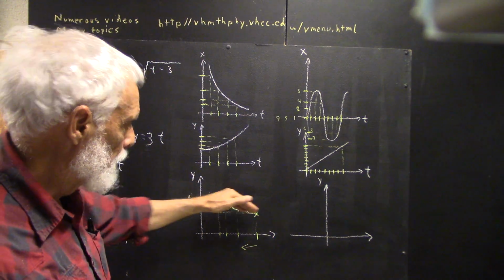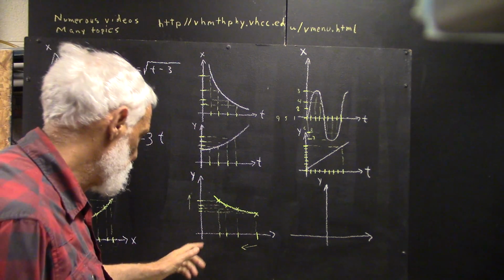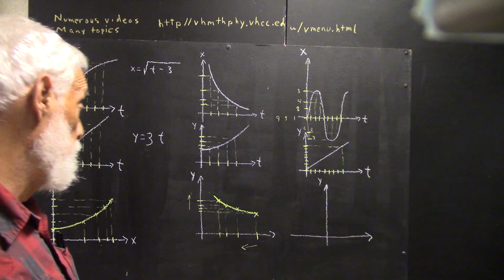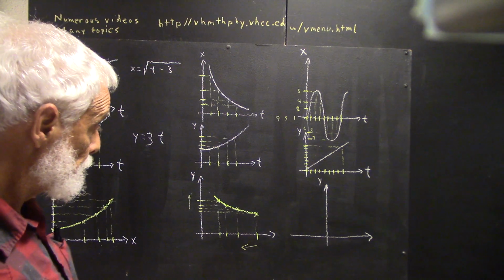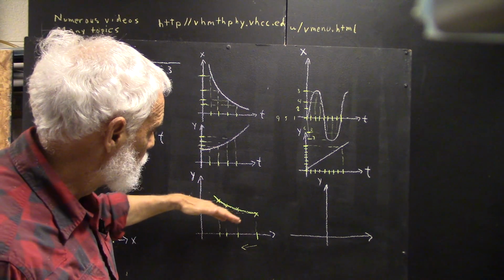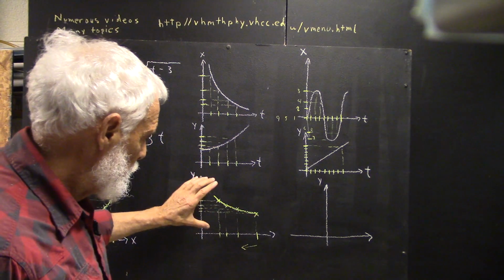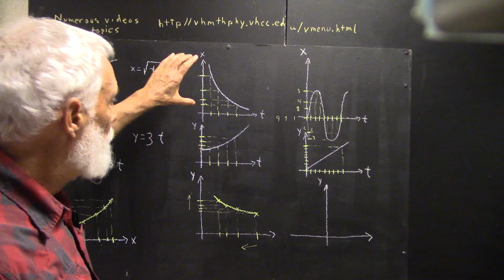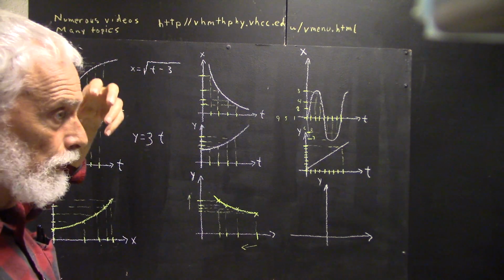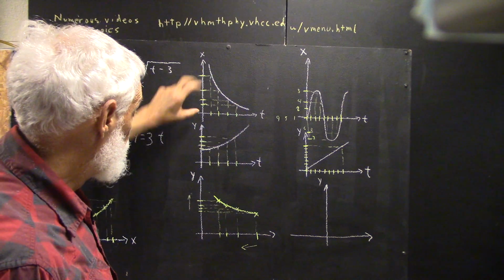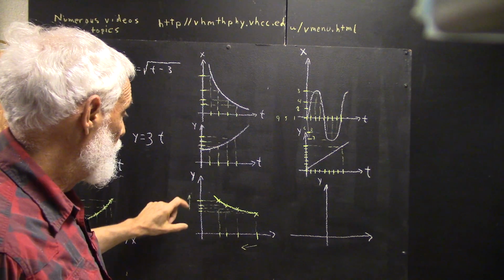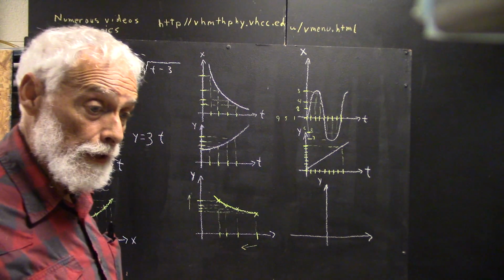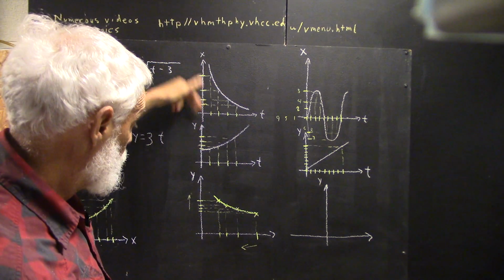Now the slopes are negative because the x's are moving this way and the y's are moving this way. But we have a bigger negative slope here than we have here. And you can see, if you think about it, you really do want to work to understand how this spacing and this spacing gives us the downward concavity of the graph when the x values go in the direction they do.